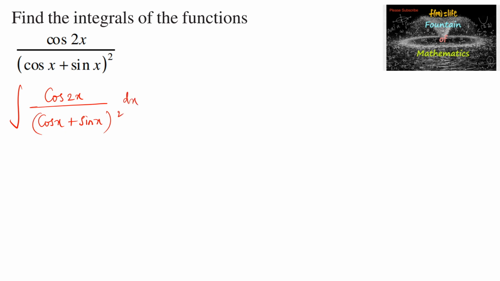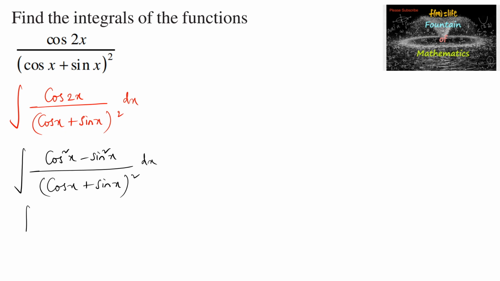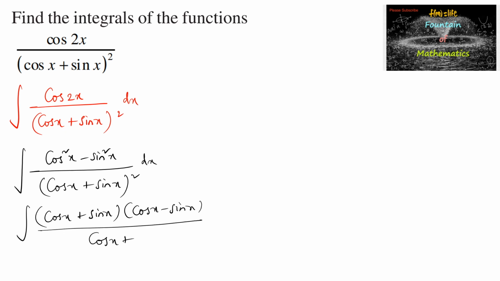So we can write the integral of cos 2x as cos^2 x minus sin^2 x upon cos x plus sin x whole squared dx. Cos^2 x minus sin^2 x we can write as cos x plus sin x into cos x minus sin x upon cos x plus sin x whole squared. So we can cancel here cos x plus sin x one time.